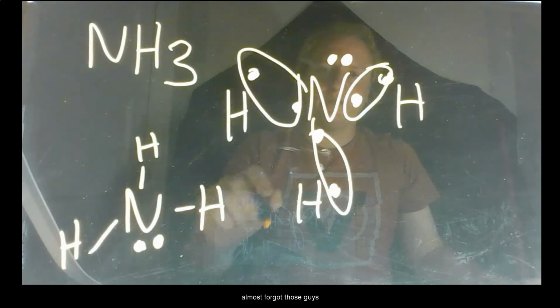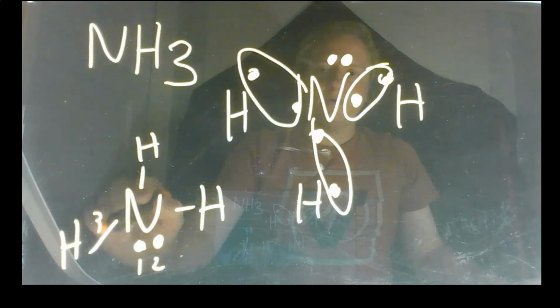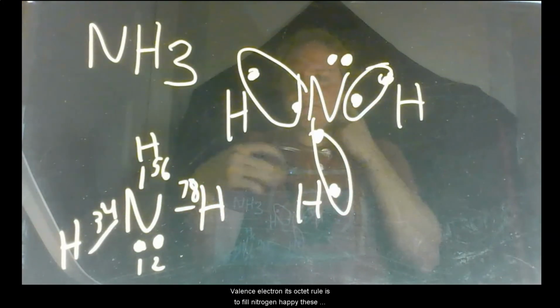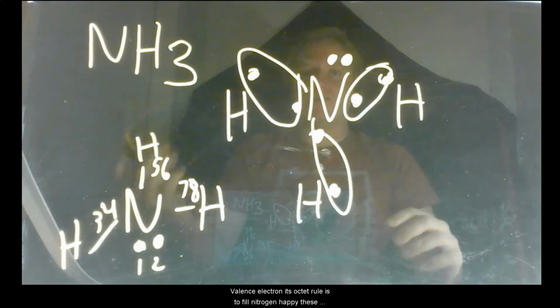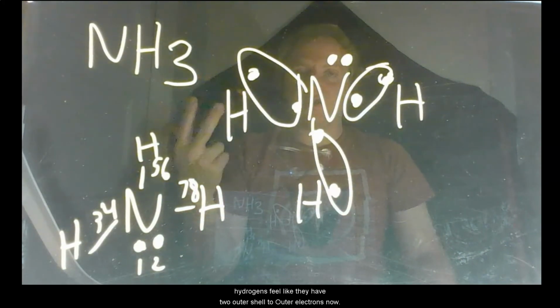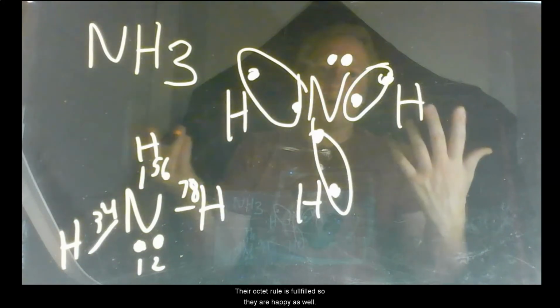Almost forgot those guys. So nitrogen now feels like it has 1, 2, 3, 4, 5, 6, 7, 8 valence electrons. Its octet rule is fulfilled. Nitrogen's happy. These hydrogens feel like they have two outer electrons now. Their octet rule is fulfilled, so they are happy as well.